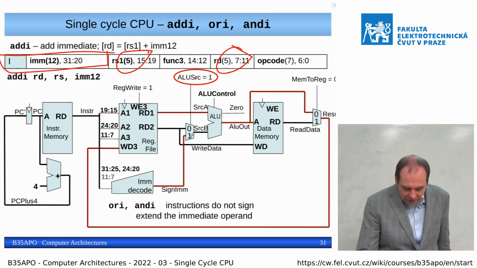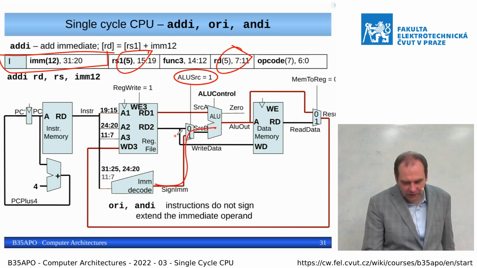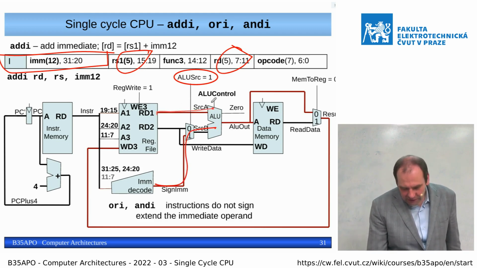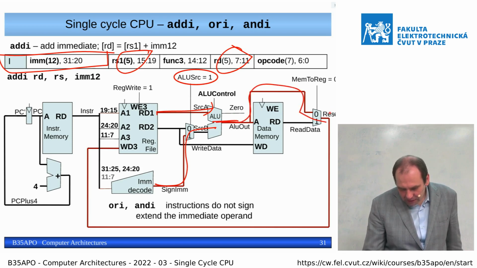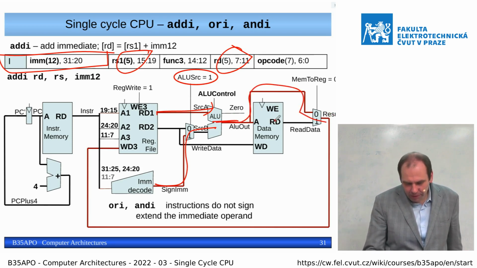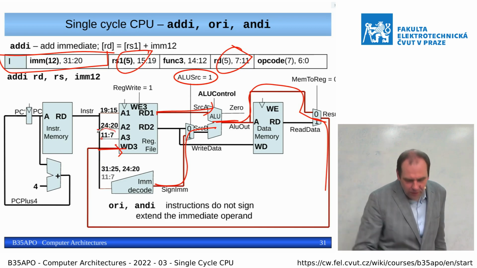So in this case, we again select that we want to use the immediate data, not the second register. First register, and the output is again bypassed and doesn't go into the memory address. Basically, it is bypassed and stored to the write data of the register file. Okay.